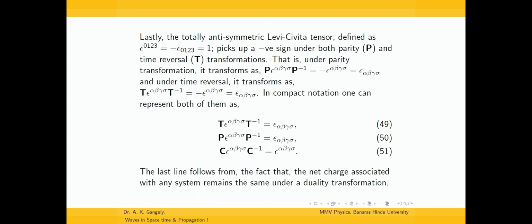So, we get the transformation rule for 49 and 50 to be the same, and you can guess that you can keep the Levi-Civita symbol the same if we operate from left and right by PT.